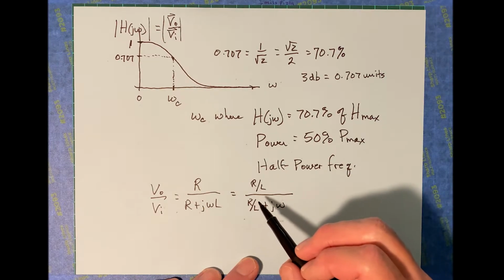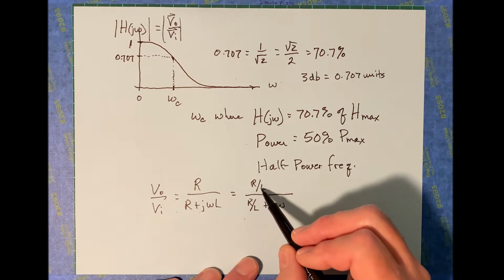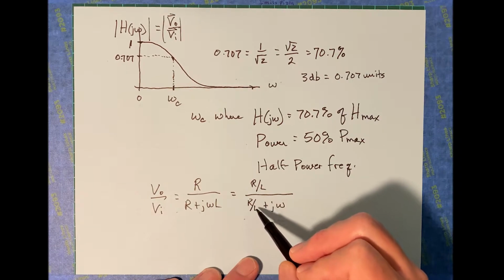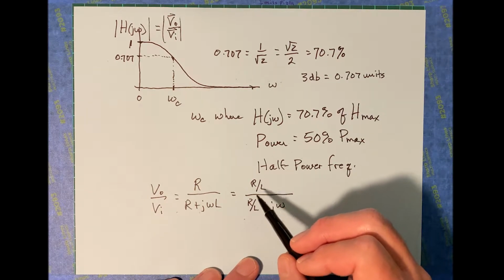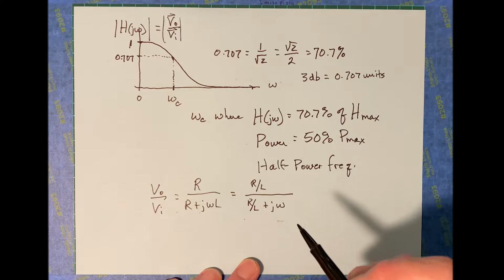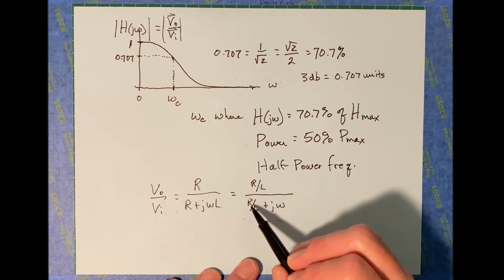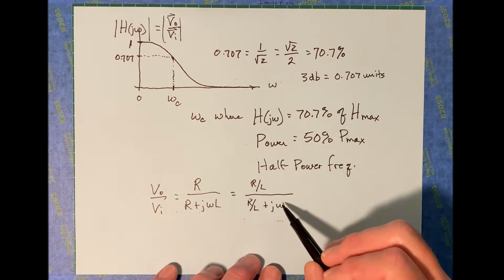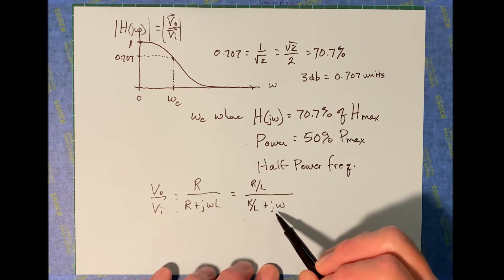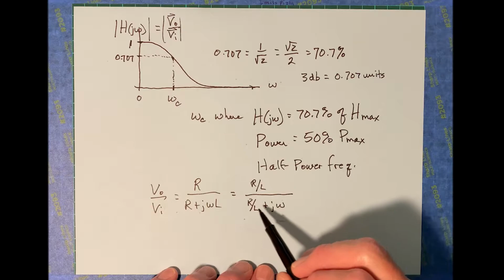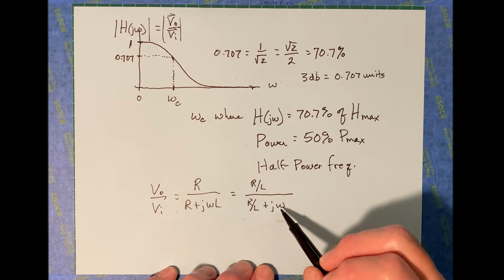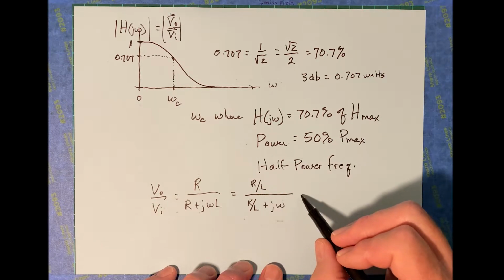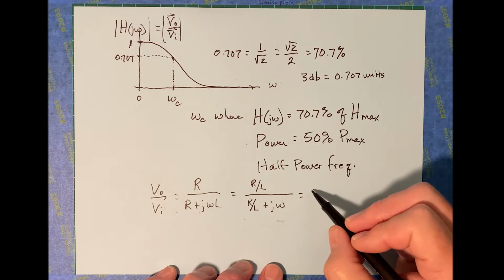Okay, now we've reached a point where this R over L is actually 1 over tau. And you'll notice that since we're talking specifically about an RL circuit, this is the inverse of the time constant. Now it's not real obvious. The j omega is on the bottom of this fraction here, but this could be rewritten in this sort of form.